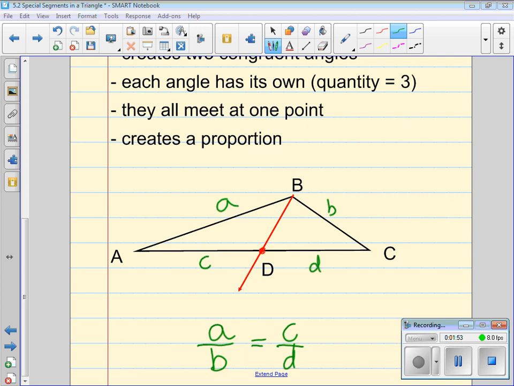They're just placeholders for length. So take a look at the proportion. I have A over B is equal to C over D. So you have to remember what a proportion is. Remember, when we set up proportions, once we got the pieces in place, we cross multiply to solve those kind of things. We've done that in the past. Okay, so we'll take a look at an example of that later on. Don't lose that proportion because you're going to need it to do your try it problem.